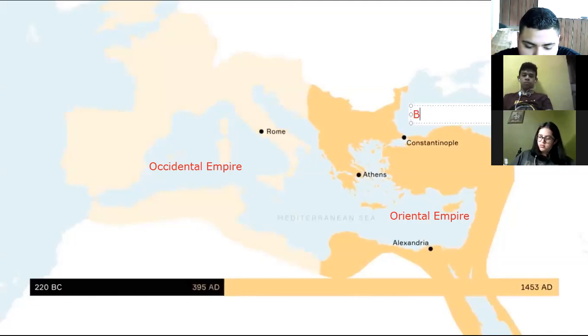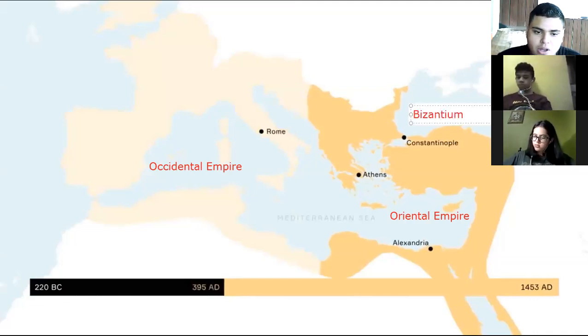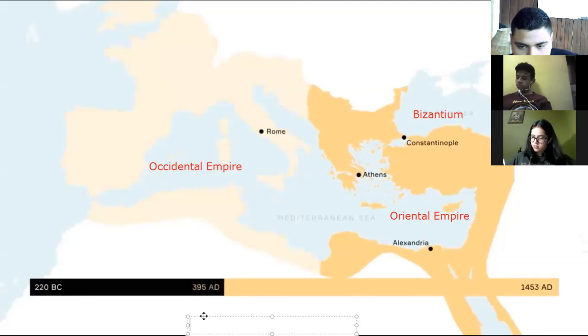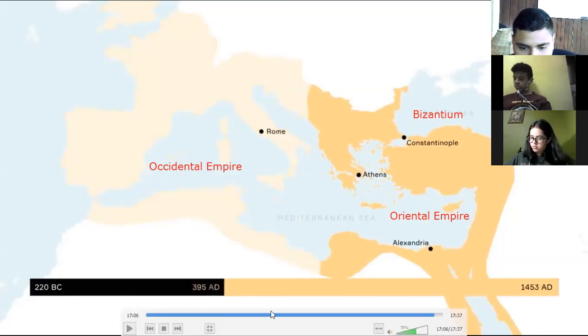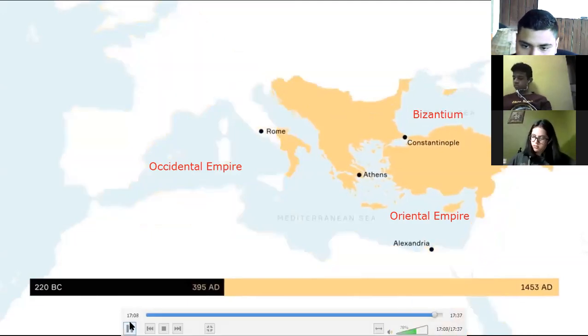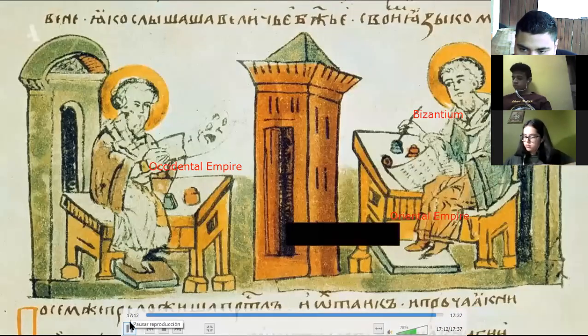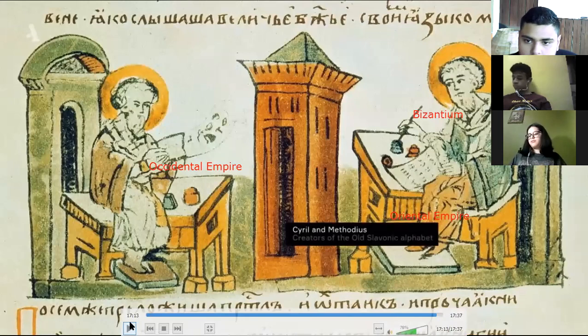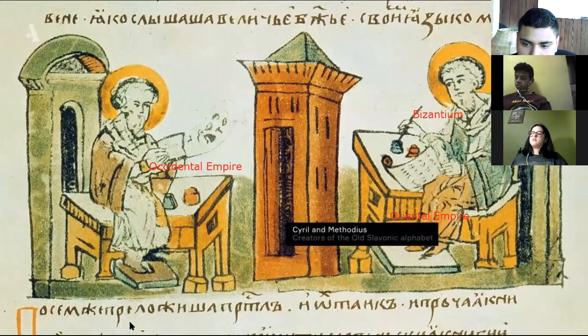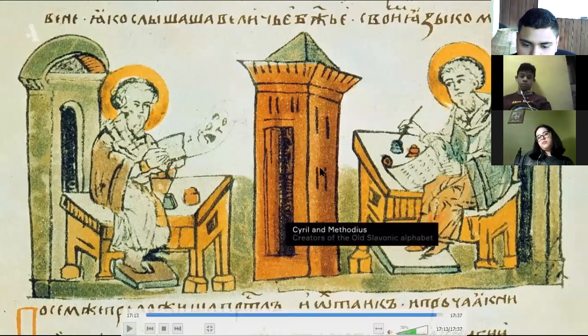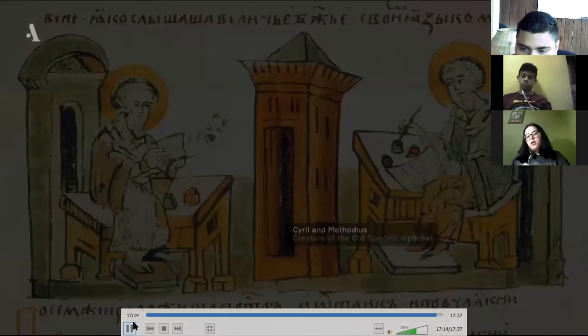Look, Byzantium was the king of the Oriental Empire. We're going to see later which one is which. The Byzantine Empire extended the life of Greek culture another 1,000 years, leaving us the weird Russian alphabet, for instance.